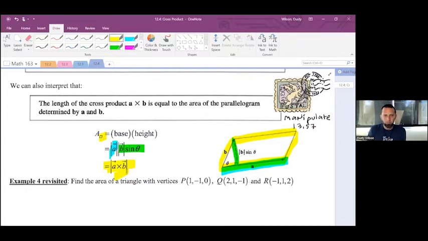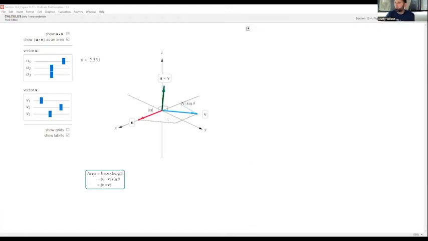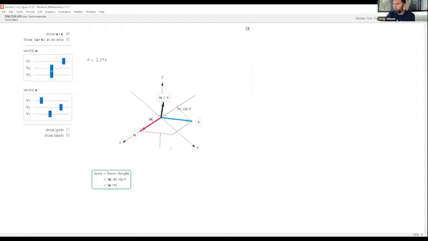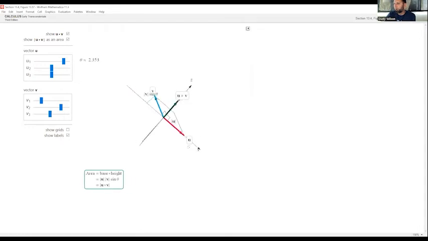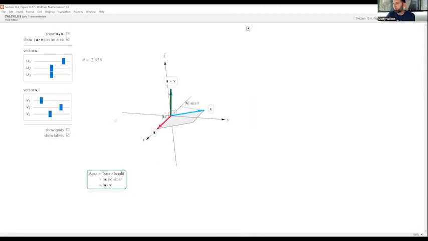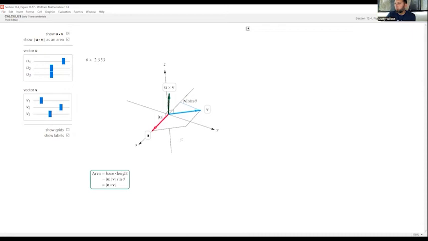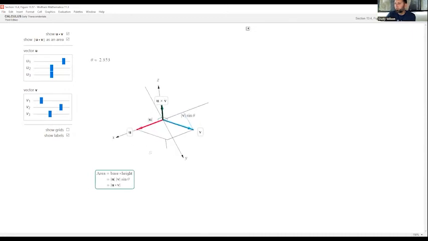All right, so here we want to better understand our cross product. So first of all, notice that the cross product, the green vector, is perpendicular to the red and also perpendicular to the blue. Okay, so that's good. Also, let's once again see our right-hand rule.